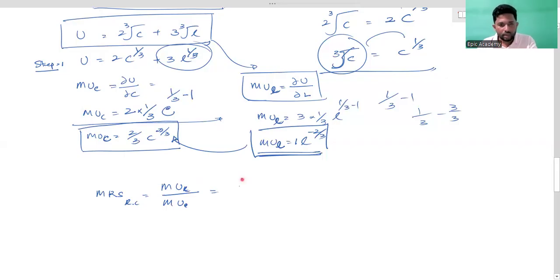So what about the L? L divided by, okay. Then next one it is 2 divided by 3, C to the power of minus 2 divided by 3. Isn't it? Yeah.